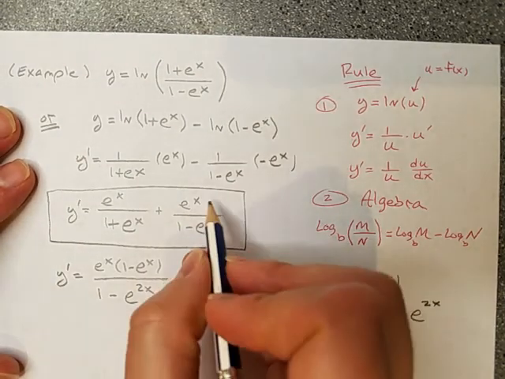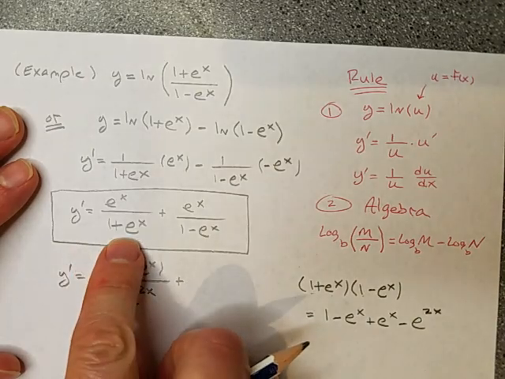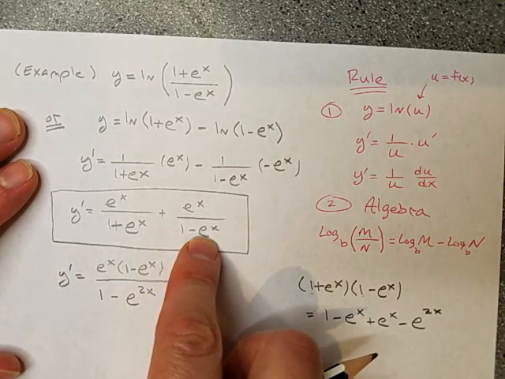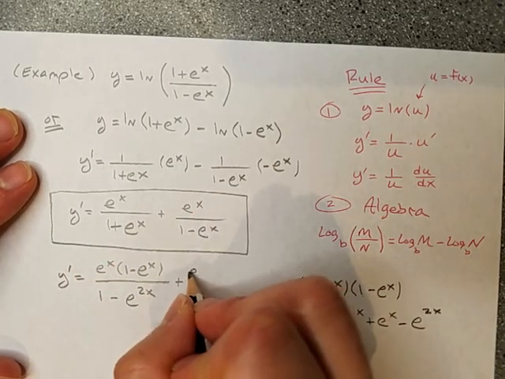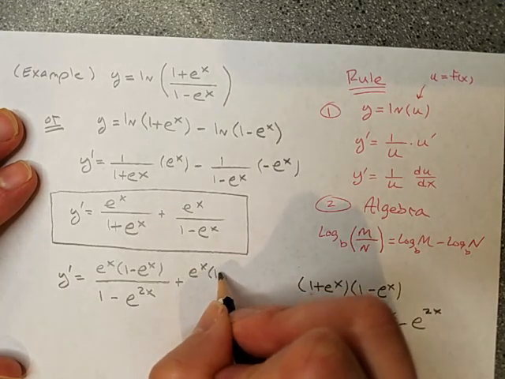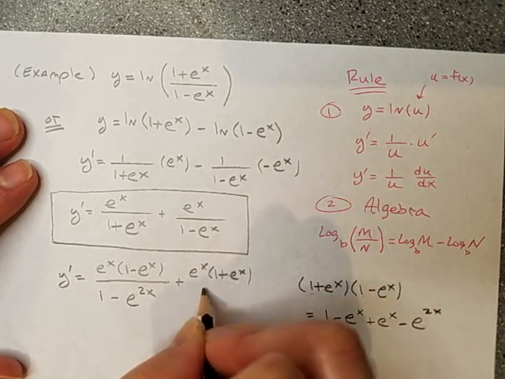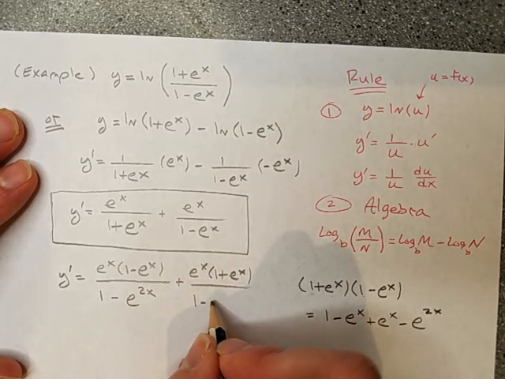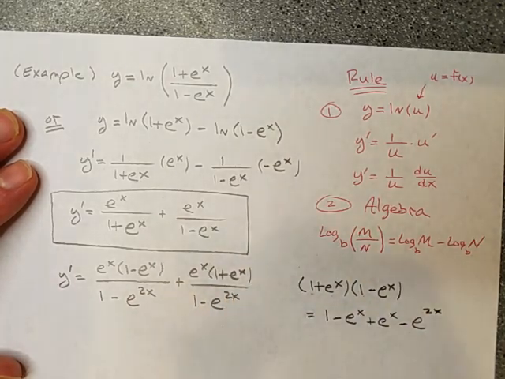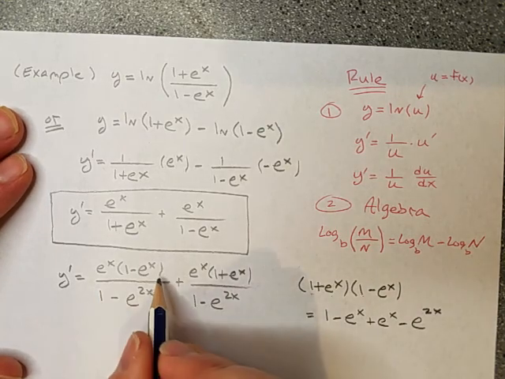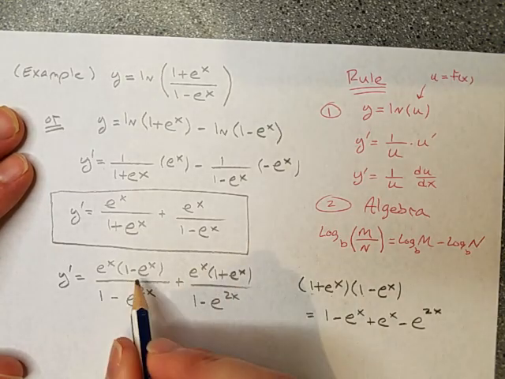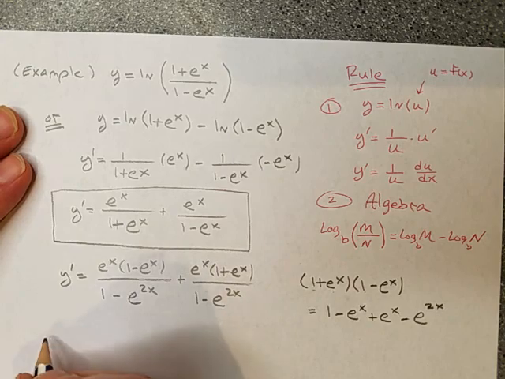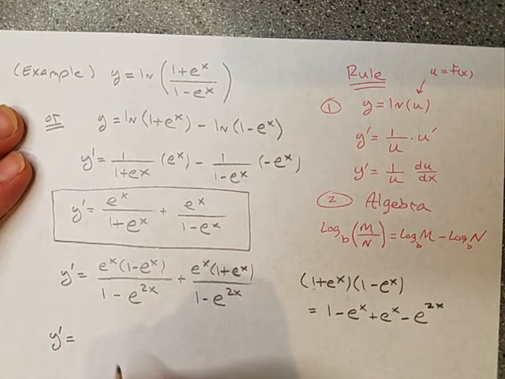What about over here? I'd multiply by 1 plus e to the x, up and down. I'll get e to the x times 1 plus e to the x. And down here, I'll get that same common denominator, 1 minus e to the 2x. Okay, so at this point, I'll add them, but then I notice there's some canceling. Say I add them.